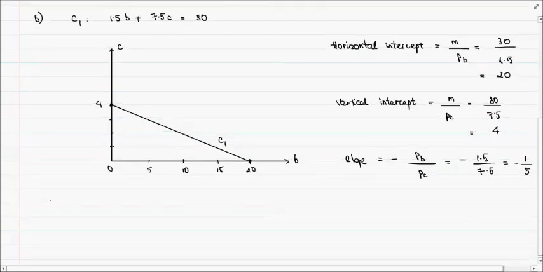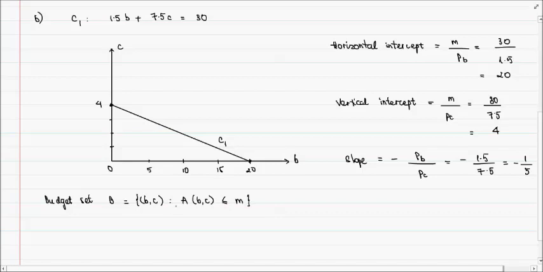So I'll say the budget set B is any bundle B and C such that the acquisition cost for these bundles is going to be smaller or at maximum equal to your income.